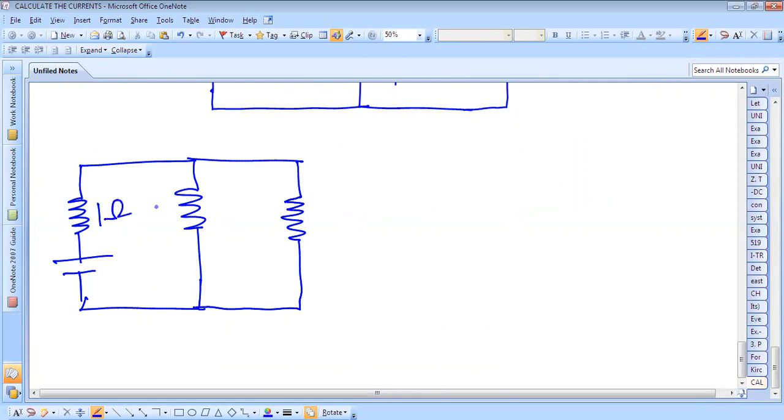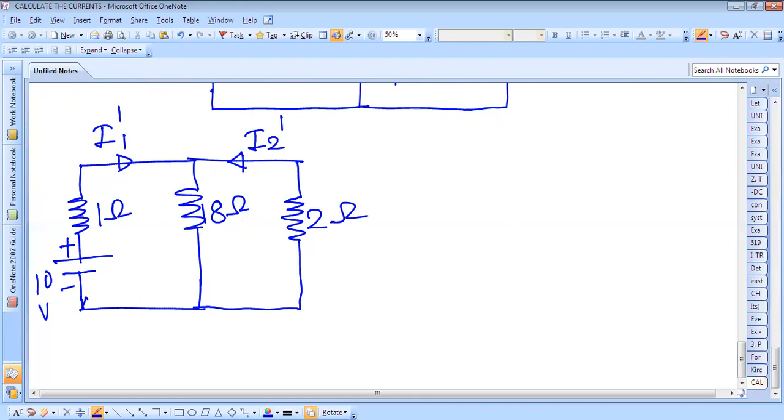This is 1 ohm, this is 18 ohm, this is 2 ohm. Okay, and this is 10 volt. Now we are considering here only one voltage source. So now we'll consider this current as I1 dash, and this we'll consider as I2 dash.